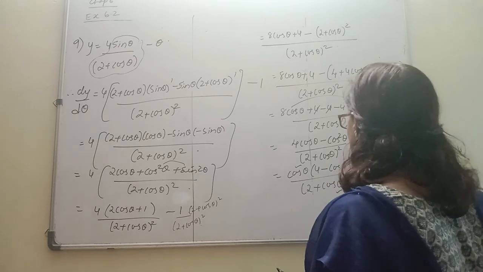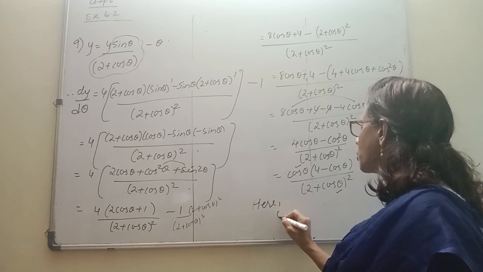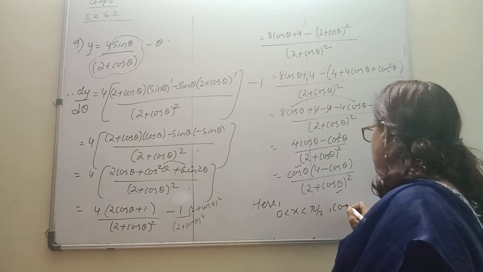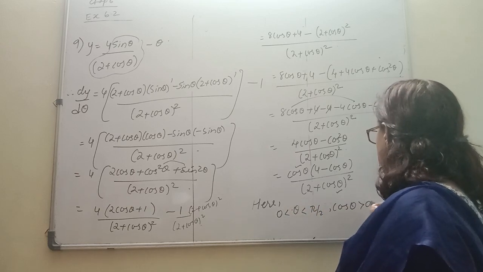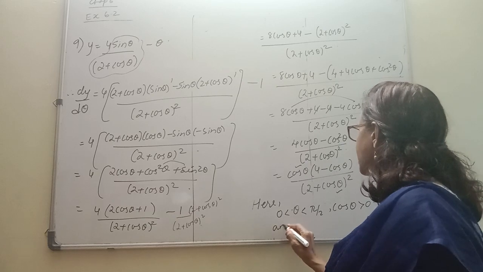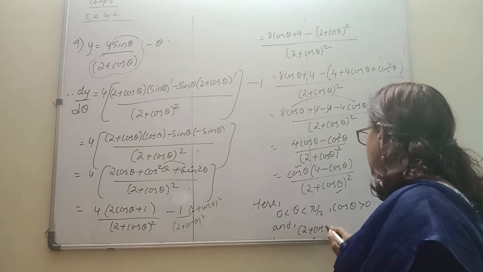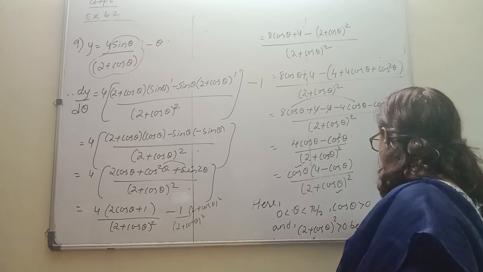So let's write over here. For 0 less than theta less than pi by 2, cos theta is positive, and 2 plus cos theta whole squared is positive, being a square.